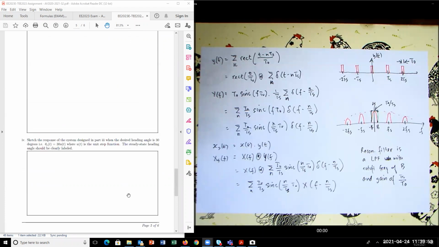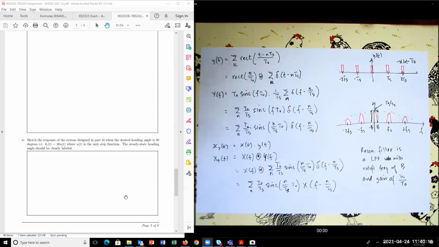Yes. So we have the transfer function, right? And then the input is 30 u(t), right? And the desired angle is 30.